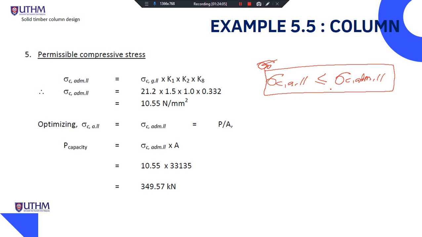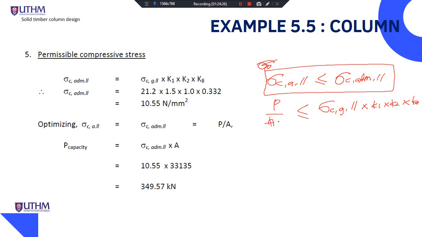This is the applied stress. So this P over A should be less than or equal to the compression stress parallel to grain from table 2 multiplied with the K1, multiplied with the K2 and also KH.